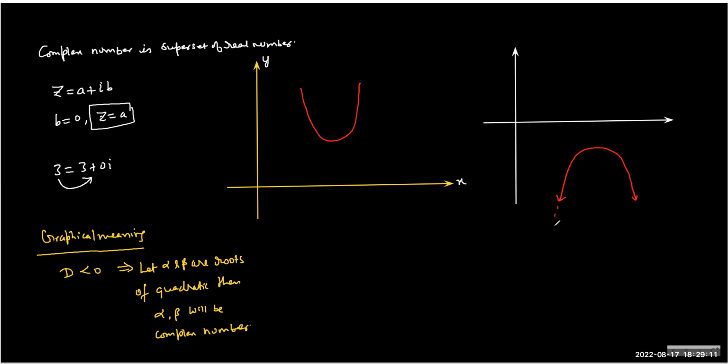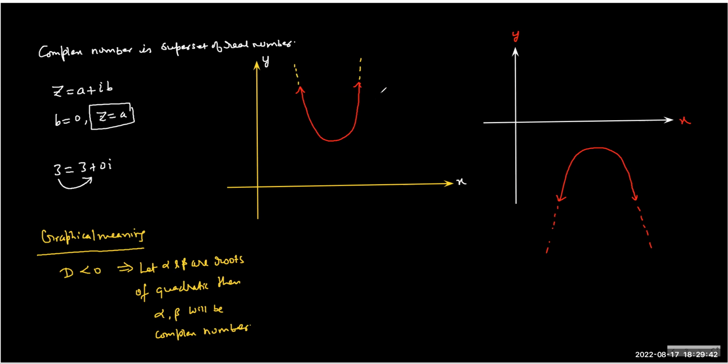Now, no matter wherever the graph goes, it will never ever intersect the x-axis. Can you see it is intersecting? No. Look at this one. This will intersect the x-axis, yes or no? This graph will intersect the x-axis, yes or no?